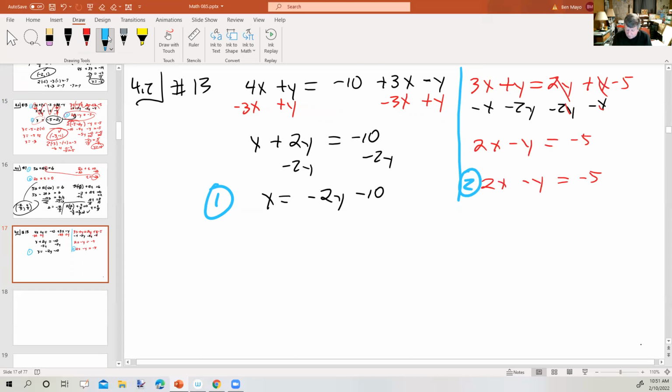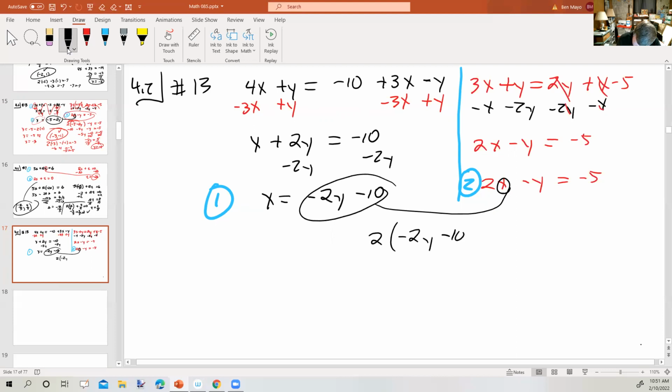Okay, well, equation number 1 is already solved for one of the variables, x. So I'm going to take this and replace x in the other equation, right? So I get 2 times the quantity -2y minus 10 minus y equals -5, which is -4y minus 20 minus y is -5.